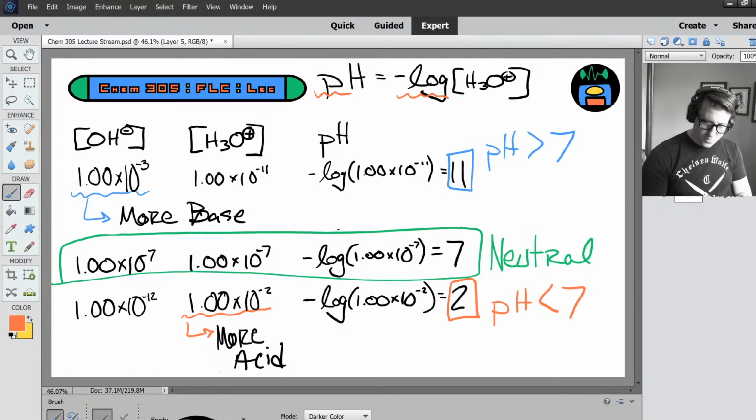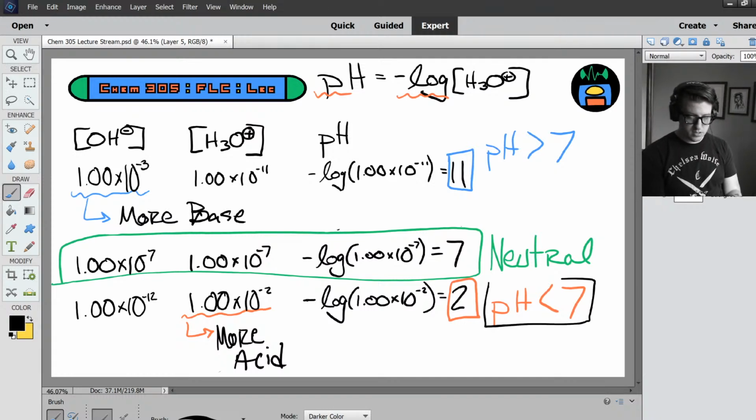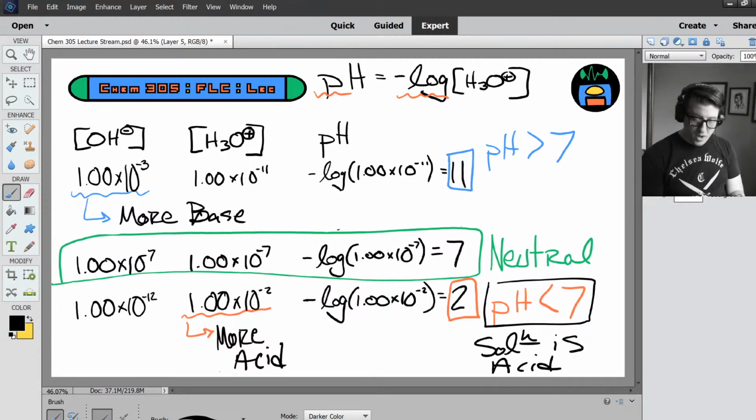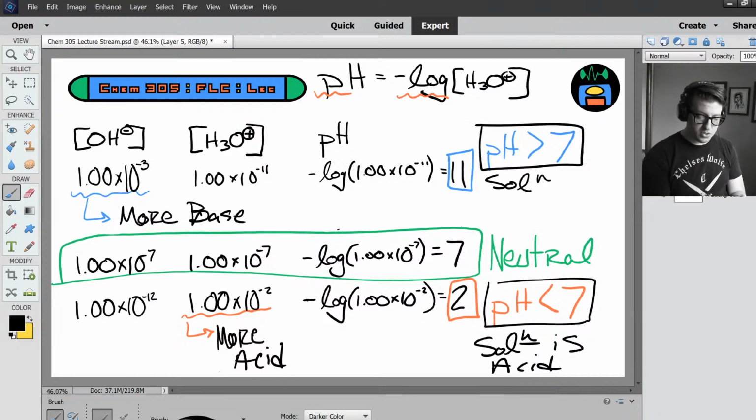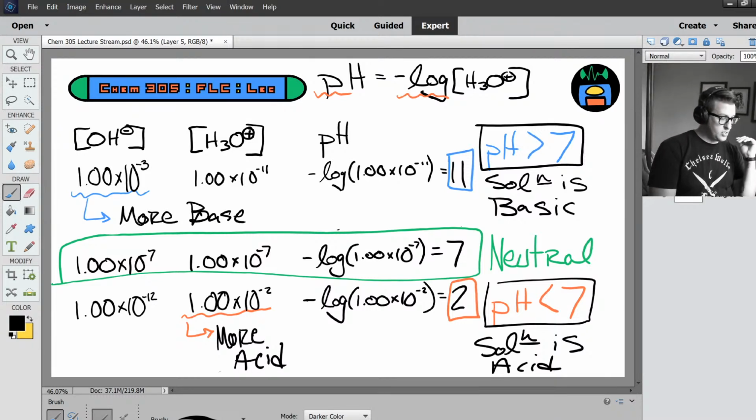So when you have pHs that are less than 7, we say that the solution is acidic. And when we have pHs that are greater than 7, we say that the solution is basic. And then a pH of 7 is totally neutral.